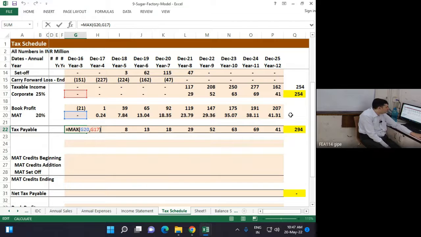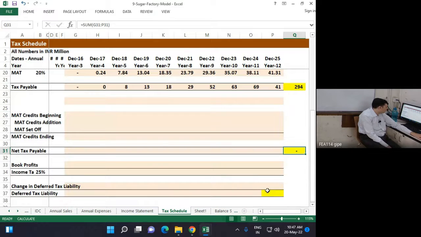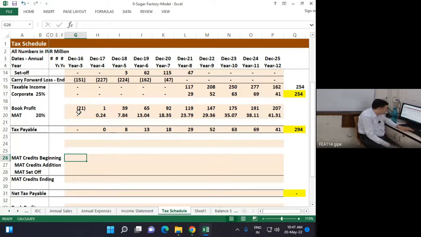Good. So that 40 excess credit that you have will be adjusted and the total payable will be 254. Proceed ahead and tell me TTL. In the meantime, I will build the credit set off. Opening balance again same as previous closing. Addition to credits will happen.